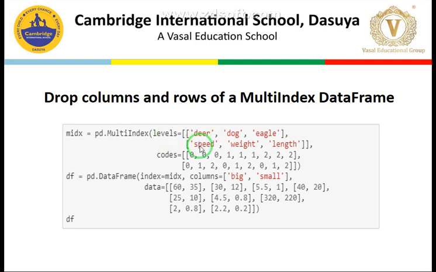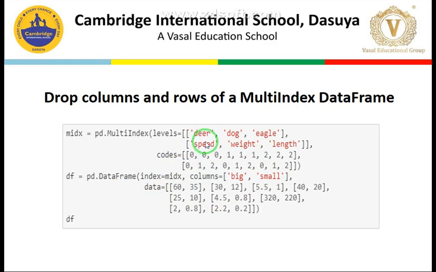There are two levels of index. Level number one has particular animals: deer, dog and eagle. These are the three animals at level number one. Then their corresponding attributes: speed, weight and length. So this is the level 2 index.